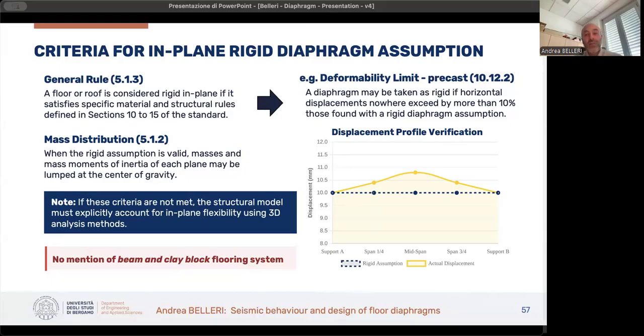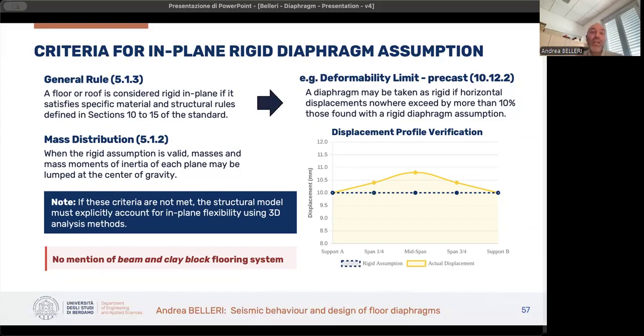I remember that in the case of a rigid diaphragm, you can lump the masses and the mass moments of inertia at the center of gravity of each floor, and this will simplify the analysis of the loads on the vertical elements of the lateral force resisting systems.